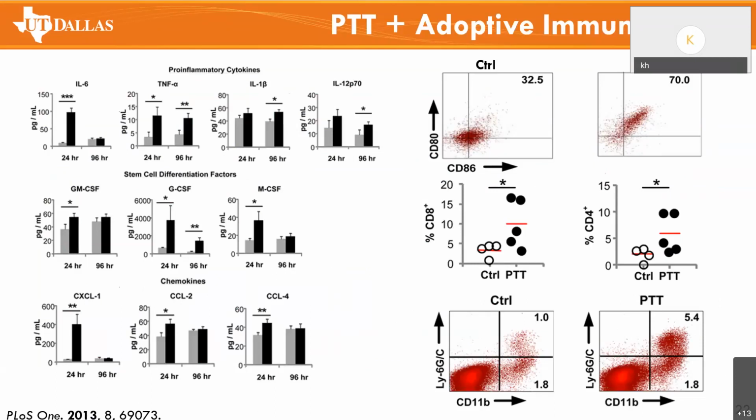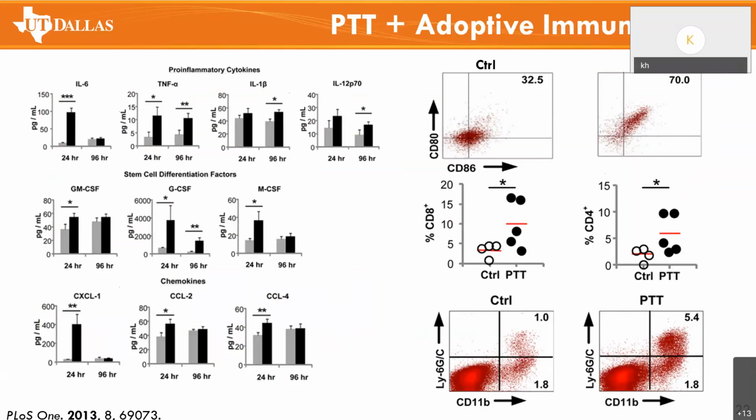They found that PTT can promote the expression of pro-inflammatory cytokines and chemokines. For this purpose, serum was isolated from PTT-treated mice 24 hours and 96 hours after radiation, and serum cytokines and chemokines were analyzed. As you can see, PTT induced expression of pro-inflammatory cytokines like IL-6, TNF-alpha, interleukin-1 beta, and IL-12.